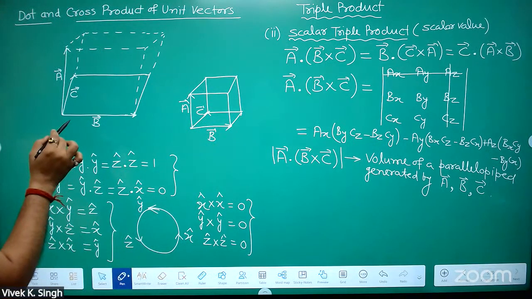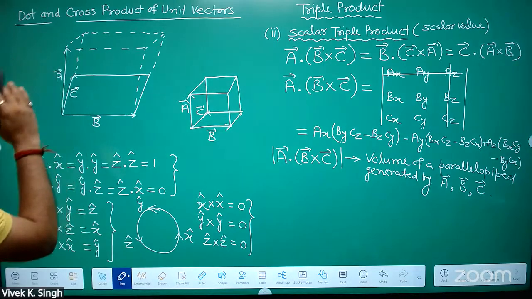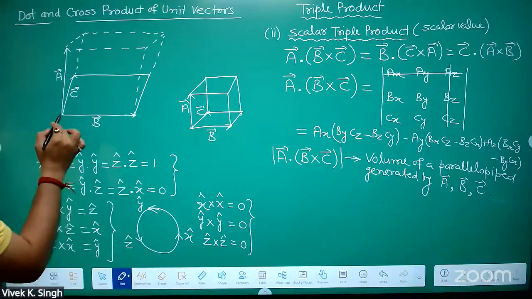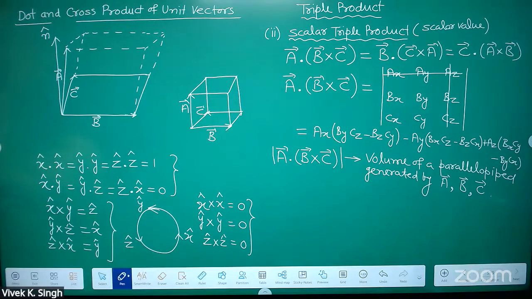But here, if this is slightly tilted, B cross C will give you what? Direction will be n cap. And then you have to take the projection. If this angle is theta, then mod A cos theta will be the projection along this.